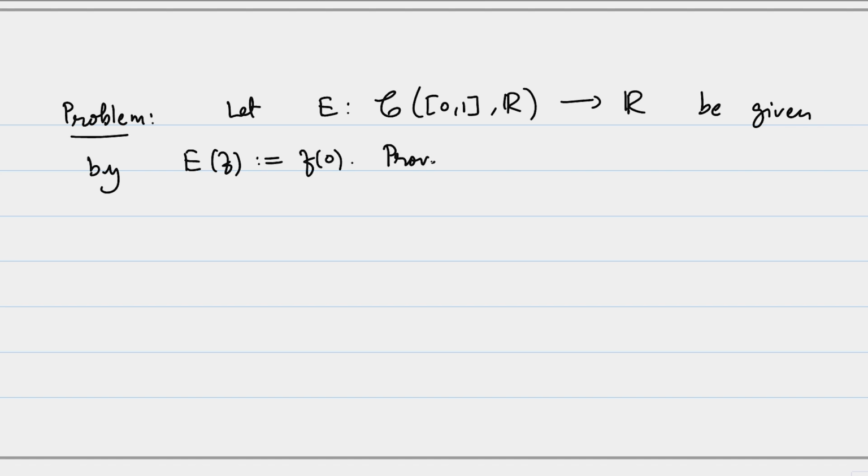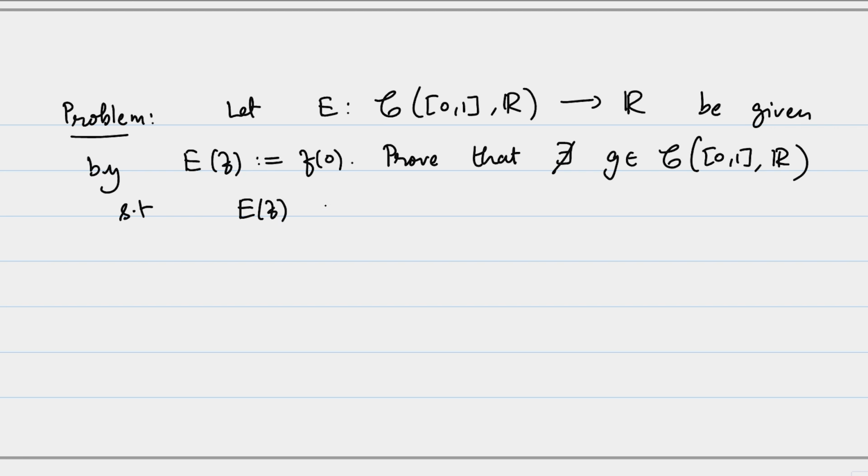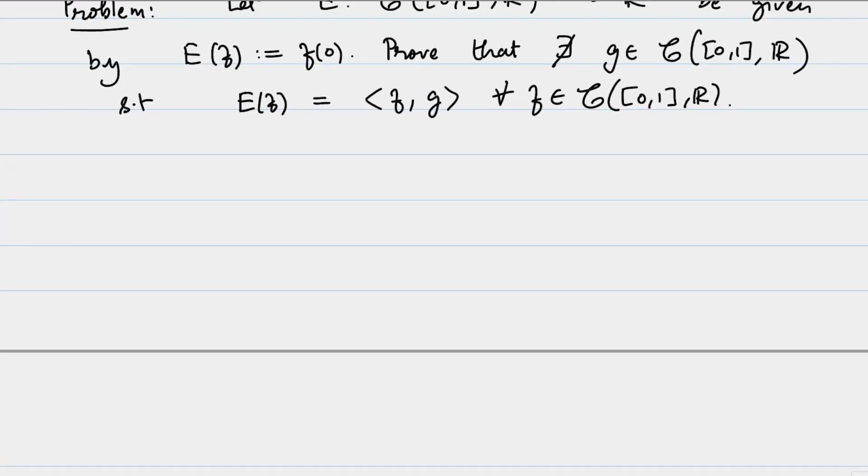Prove that there does not exist a G in C[0,1] such that E of F is equal to the inner product of F with G for all F in C[0,1]. Okay, let's look at a proof of this. Suppose there is one such G. So, proof.